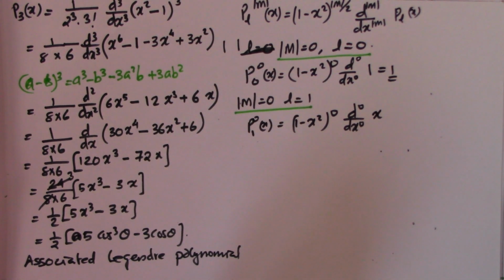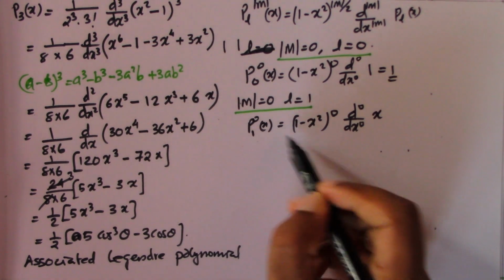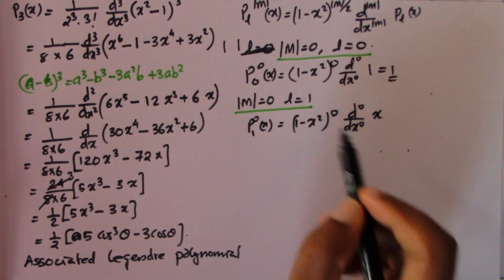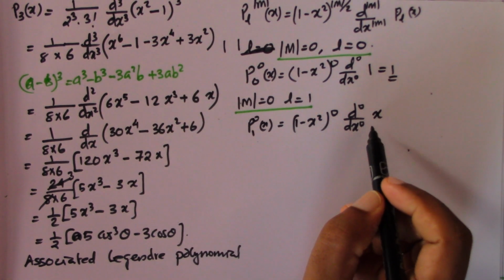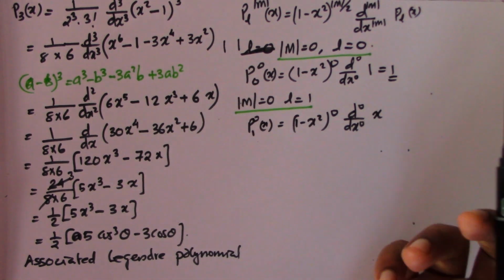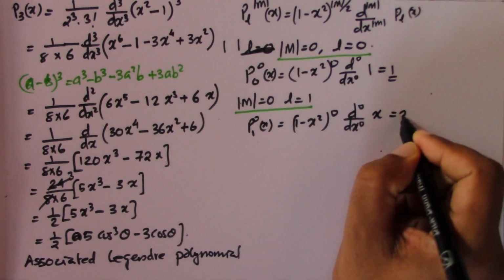So in our case we have 1 minus x square raised to 0, that is equal to 1, and d raised to 0 of dx raised to 0 of x, that's the same function, that is x. So this is equal to x.